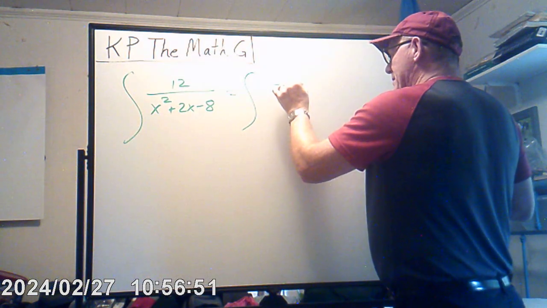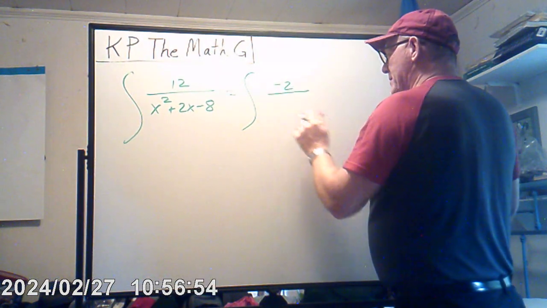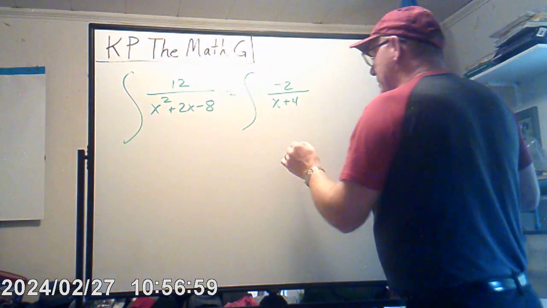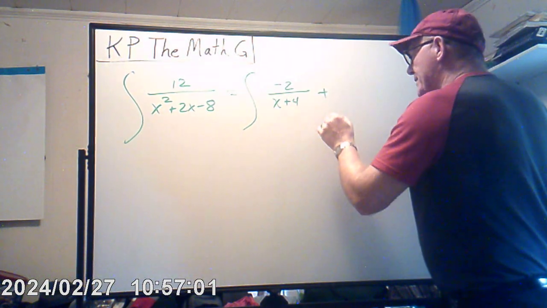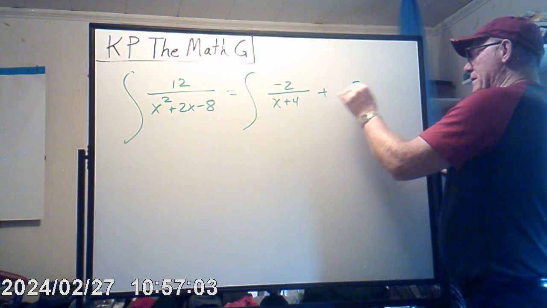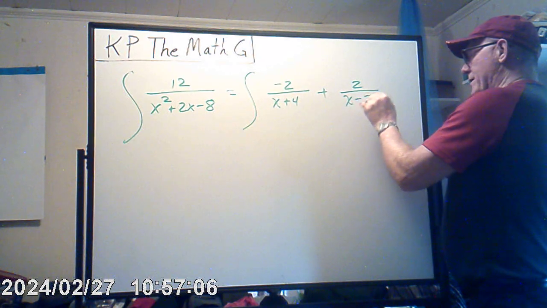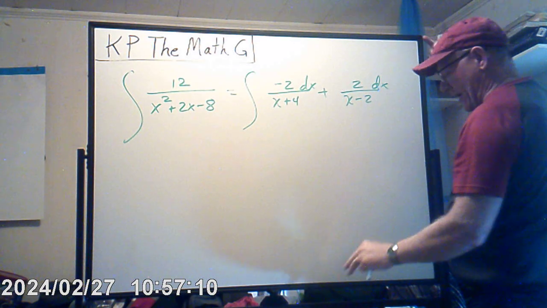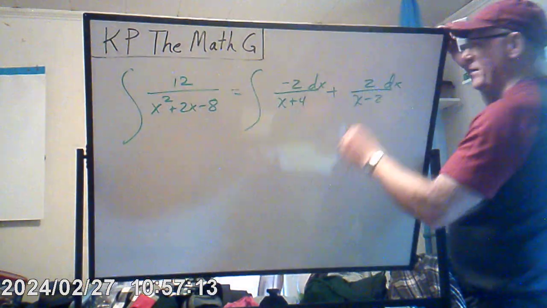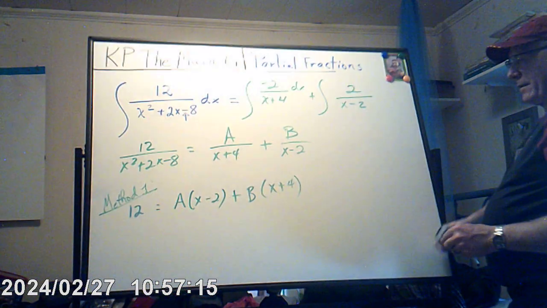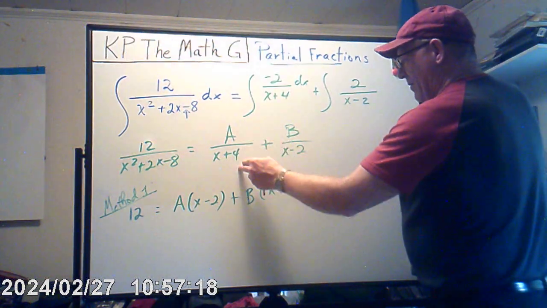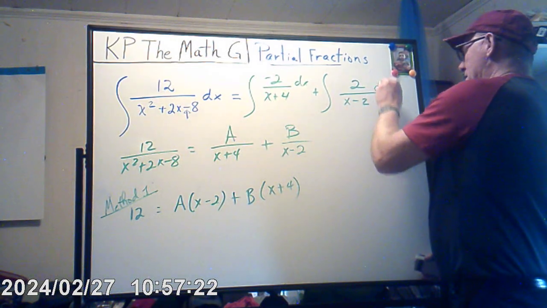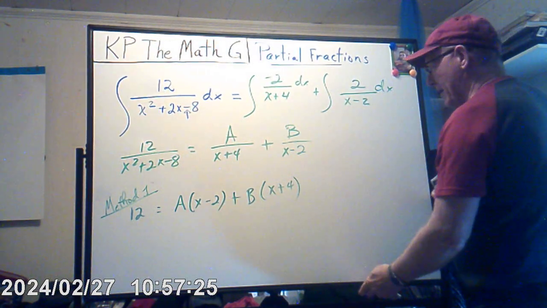Negative 2 over x plus 4, and then plus 2 over x minus 2. And by the way, dx. Let me double check, because I don't want to be incorrect after I've done all this work. Negative 2 over x plus 4, 2 over x minus 2. Alright.